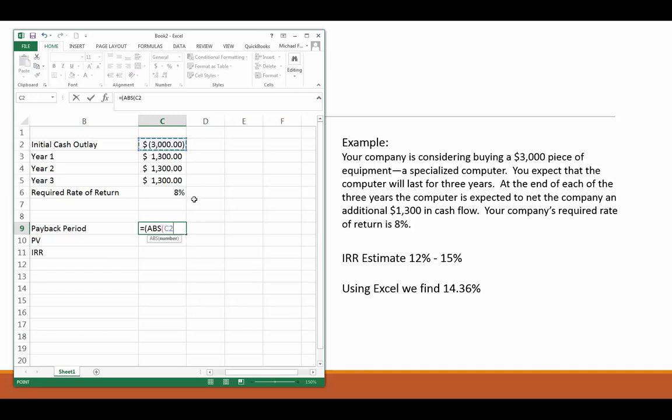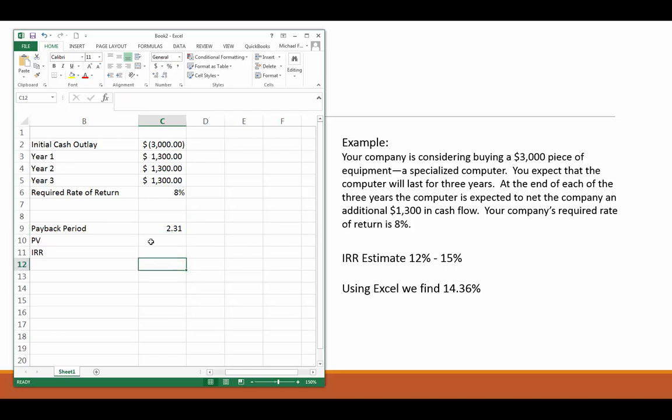I want the absolute value of negative 3,000. And then I'm going to divide that by the $1,300, which is 1 year's worth of cash inflow from the investment. When I do that, it's going to give me 2.31. It got confused and thought I was working in dollars, but I'm not.